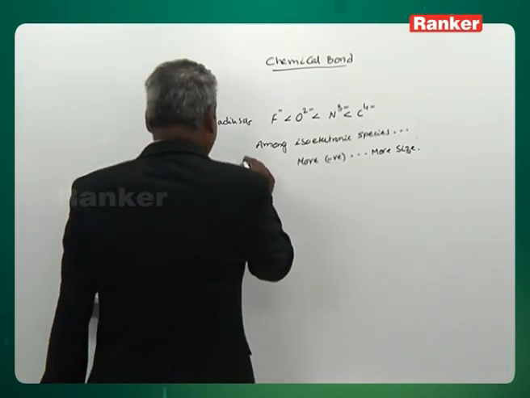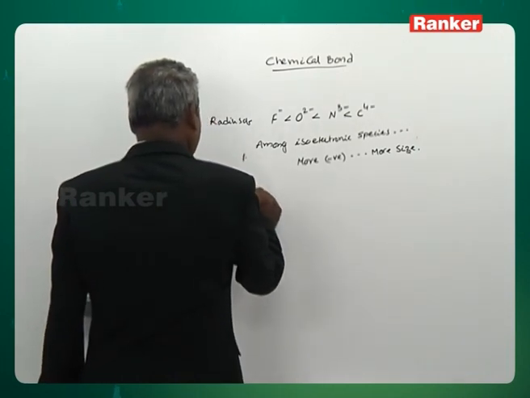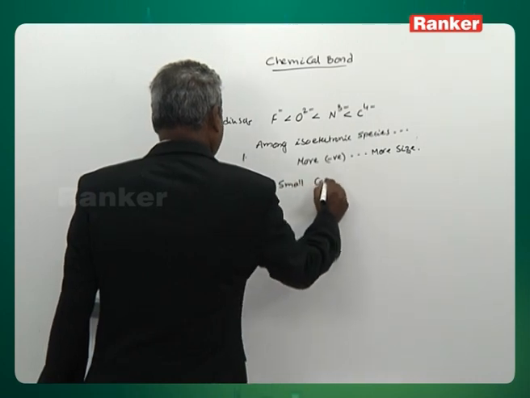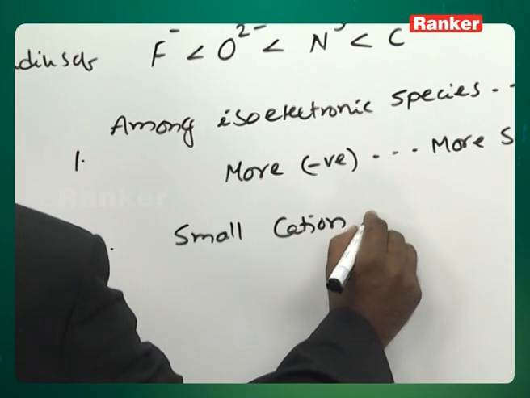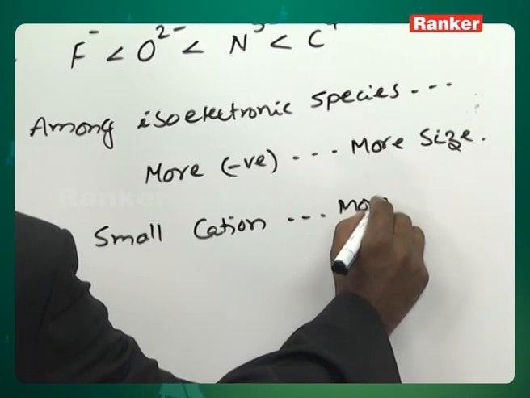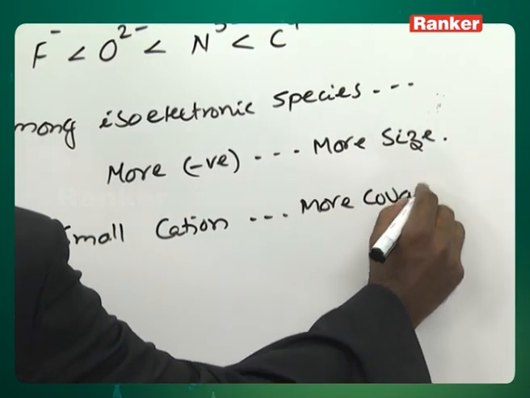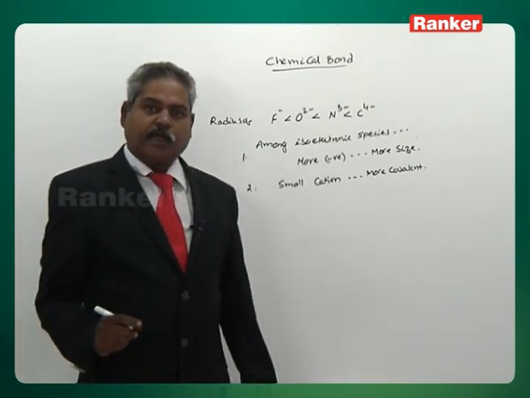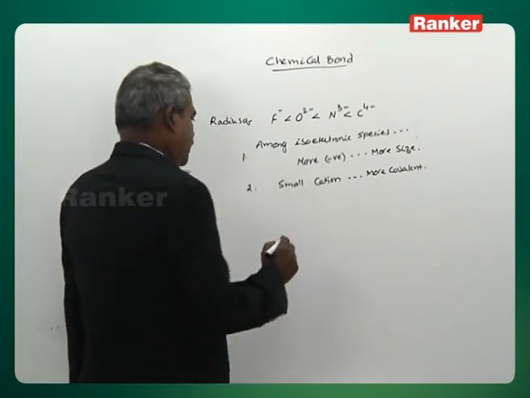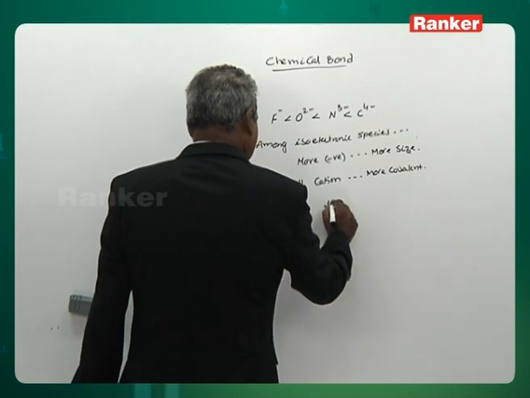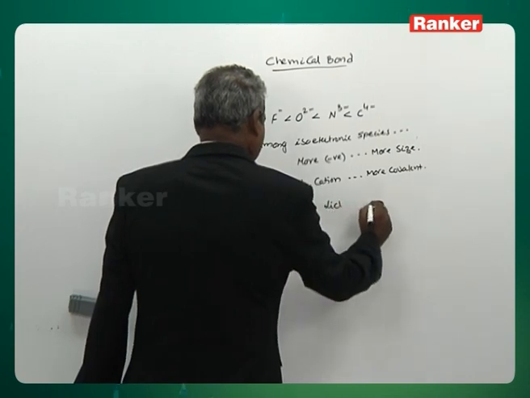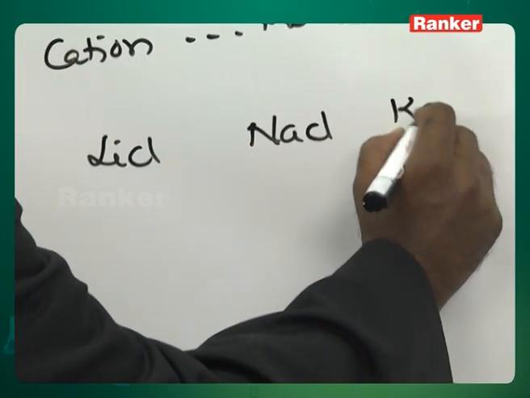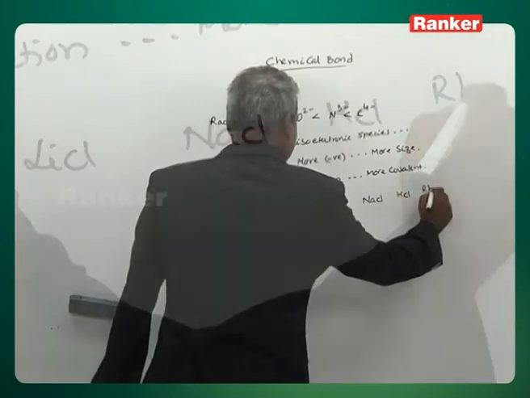And the second principle, in continuation to that, is small cation, more covalent. What does that mean? Suppose a compound in which the cation is small, for example, you have LiCl, NaCl, KCl, RbCl.